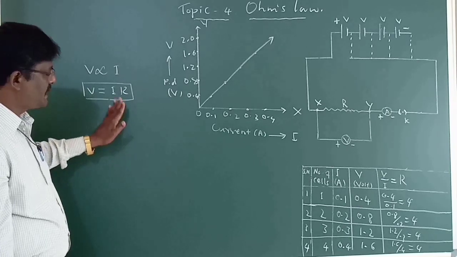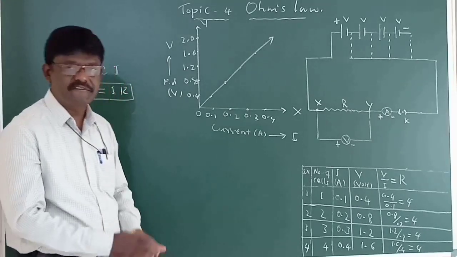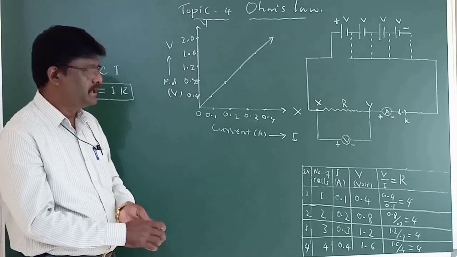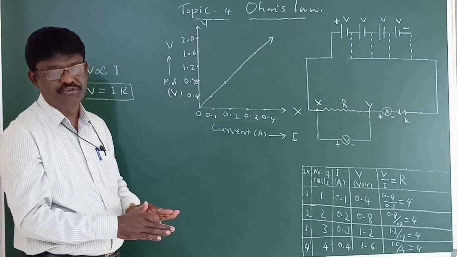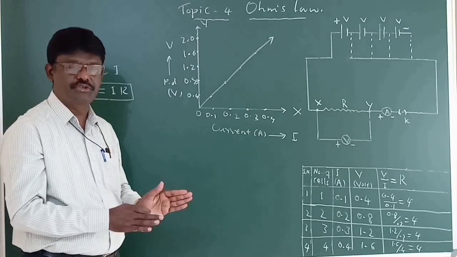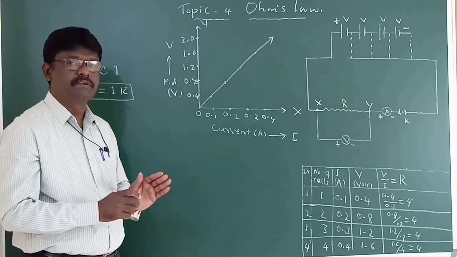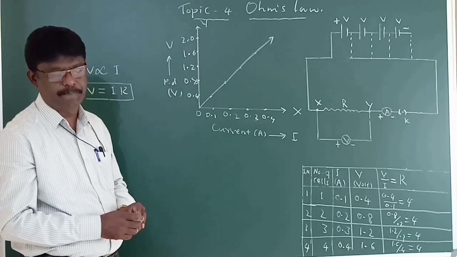Here, R stands for resistance. What is resistance? Resistance is the property of a conductor by which it opposes the flow of electric charge, nothing but electric current. That we say is resistance.